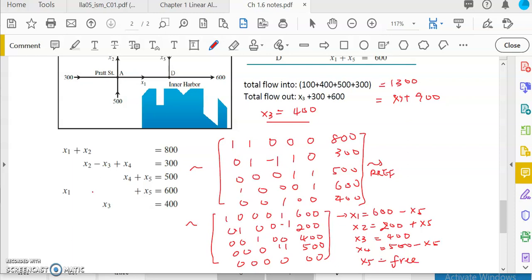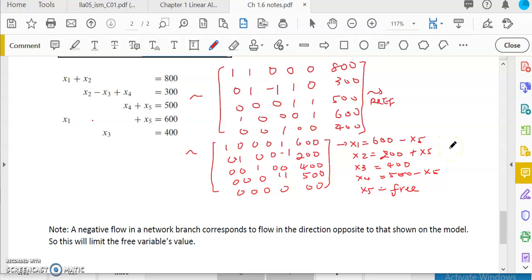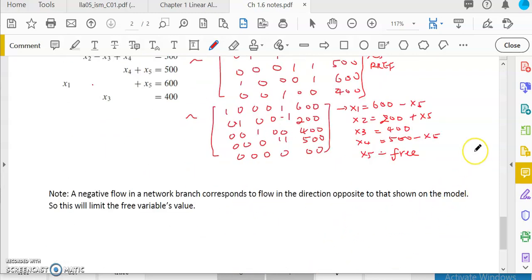So can we actually allow anything for x5? We should not. In order to make sure that x1, x2, x3, x4, x5 are positive, so that we don't switch the arrows, we should make sure that all of them are positive.